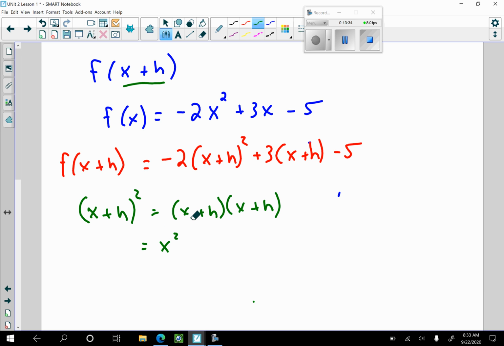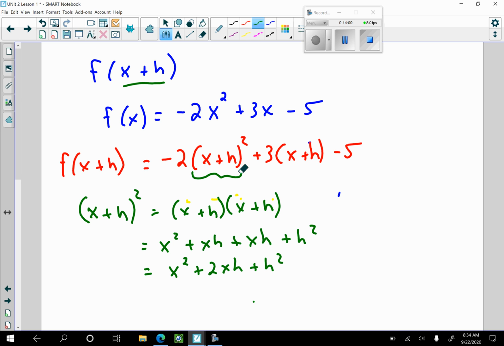That's going to be x squared, x times x, x times h, which is plus xh, h times x, which is also xh, because multiplication of real numbers is commutative, plus h squared. And if you want to just say, hey, that's x squared plus 2xh plus h squared, you certainly can. You don't have to, but that's what this is right there.